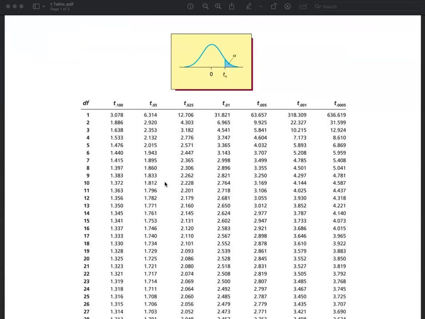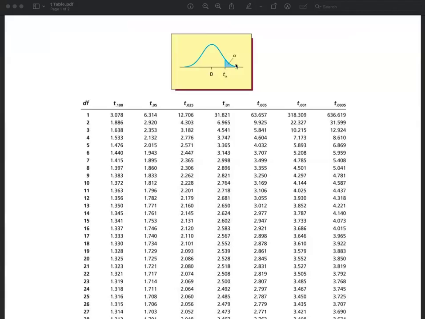So again, we are looking for negative 4.825 somewhere here, which should have the same area as the positive test statistic. So positive 4.825, the area to its right, should be the same as the area to the left of negative 4.825.